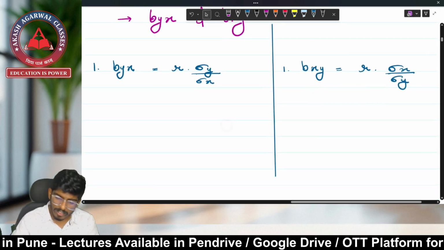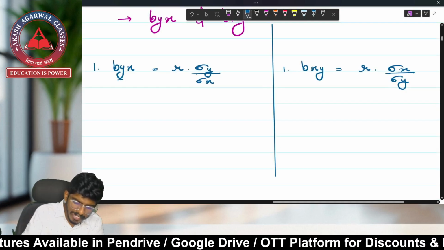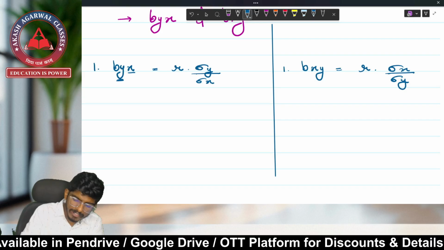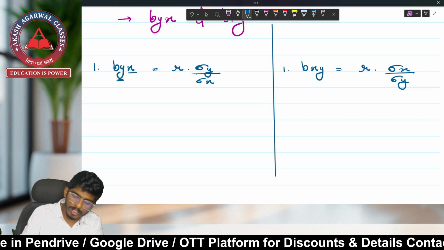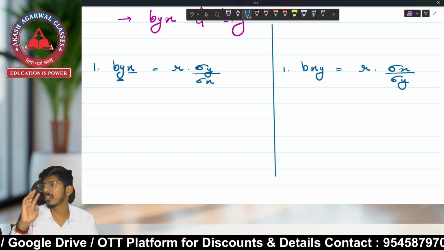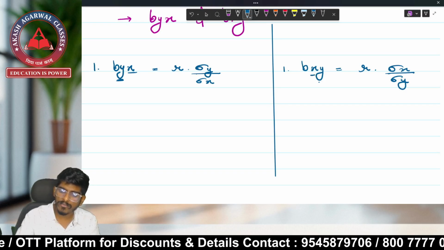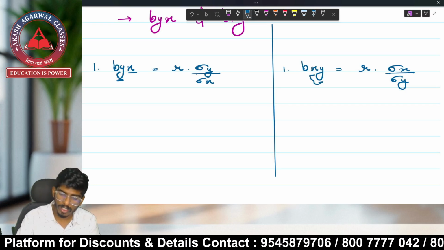So how to remember this formula? Again, very simple. In byx, y comes first, x comes later. So your standard deviation of y is going to be in the numerator and then standard deviation of x. But in case of bxy, x comes first and y later on.